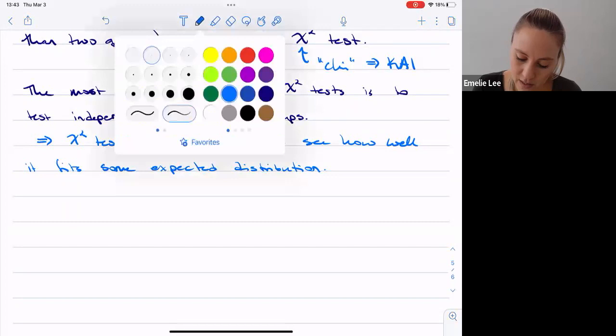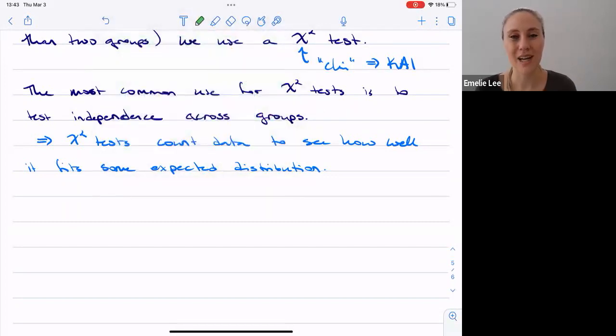Now, this expected distribution comes from the null hypothesis, right? Our hypothesized distribution.